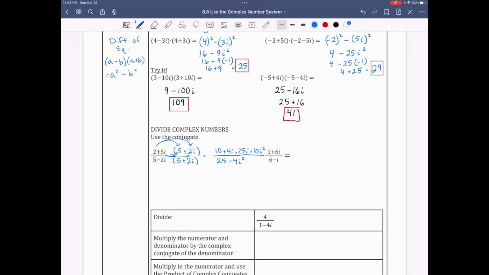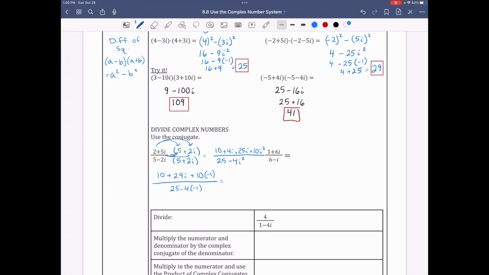And when we simplify, we're going to get 10 plus 29i plus, instead of 10i squared, I'm going to put 10 times negative 1. That cancels the 10, so I'm just going to carry my denominator down. 25 minus 4, instead of i squared, I'm going to put negative 1.